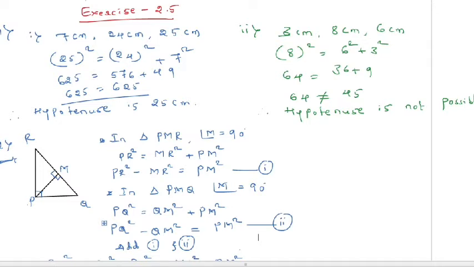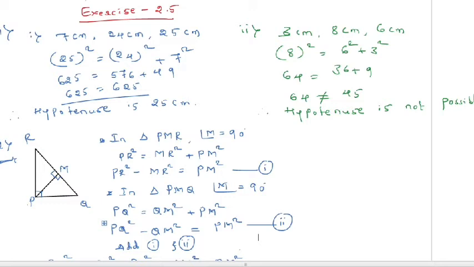The second sub question is 3 centimeter, 8 centimeter, 6 centimeter. Here, which is the biggest side? 8. So, take this as the square of the hypotenuse. 8 square is equal to 6 square plus 3 square. 8 square is 64, and 6 square is 36 plus 9. 64 is not equal to 45.